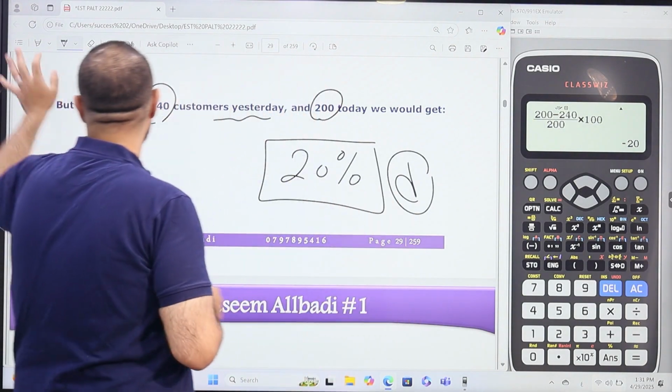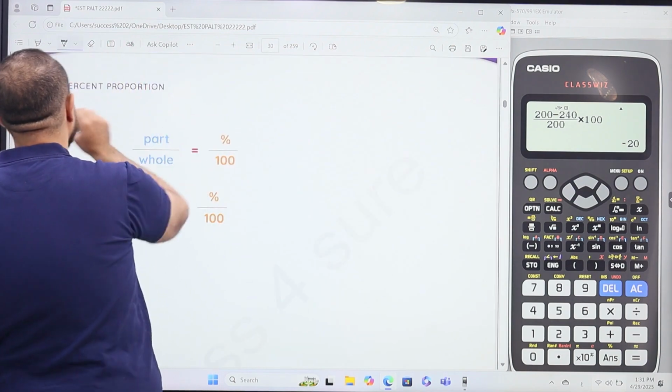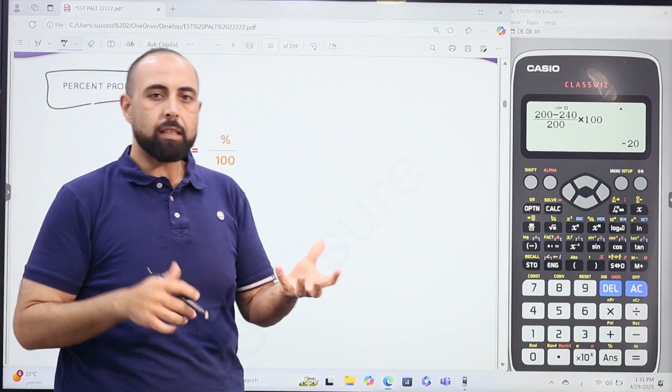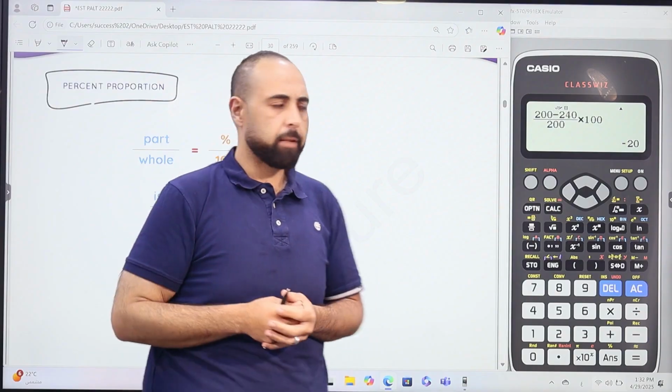The second form is percent proportion, where we have a percent and we want to know the percent of a number, or a different way.